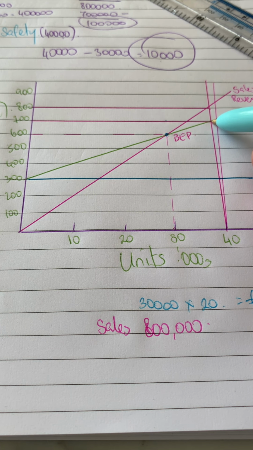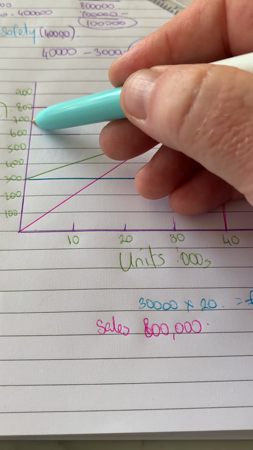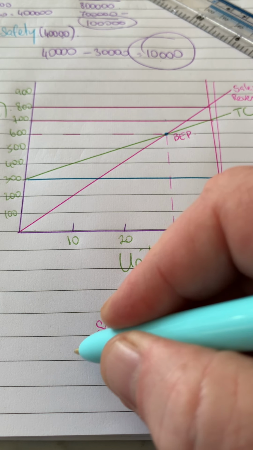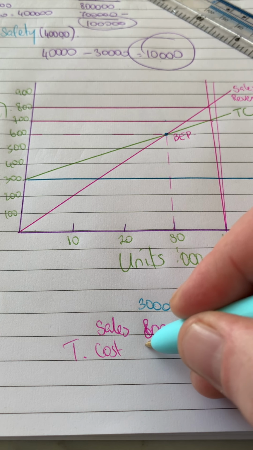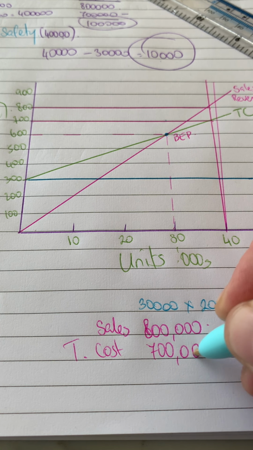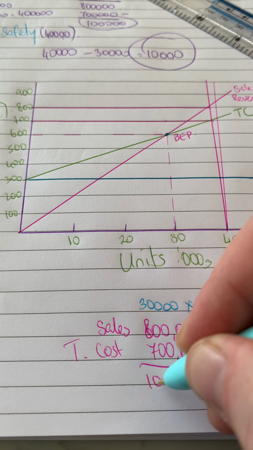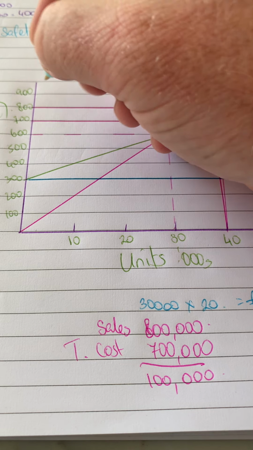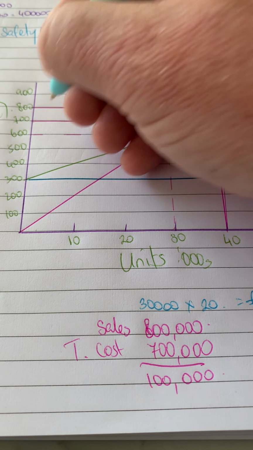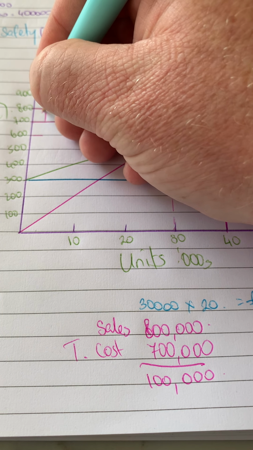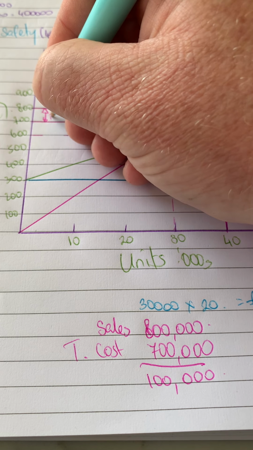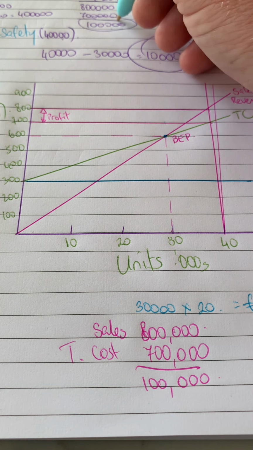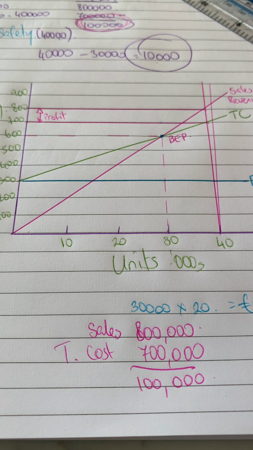On the cost line, the value of the cost is 700,000. Therefore, the profit is 100,000.